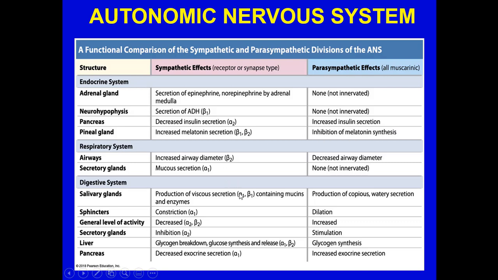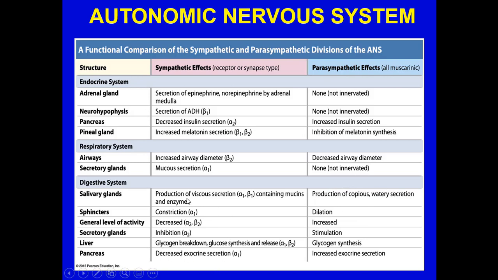Now, dual innervation exists with certain structures to increase or decrease what's going on. If you always get lost, go back to the beginning. Sympathetic, fight or flight. Parasympathetic, rest and digest. These here in the digestive system, salivary, sphincters, general level of activity, secretory glands, liver, pancreas, all of these are going to be having an advantage for rest and digest.